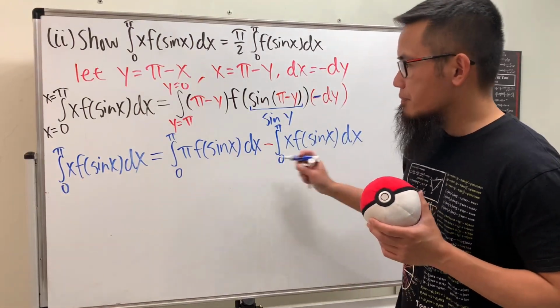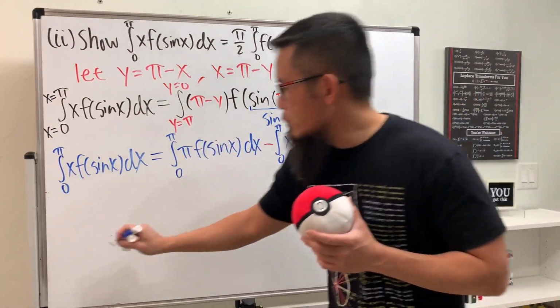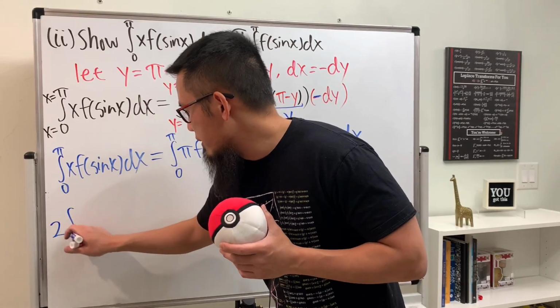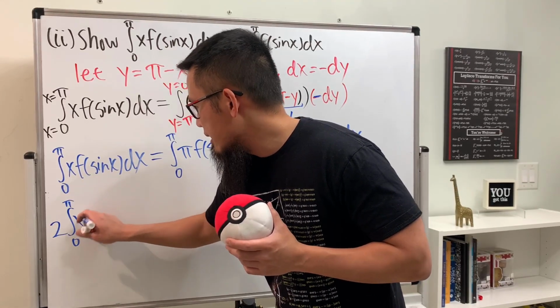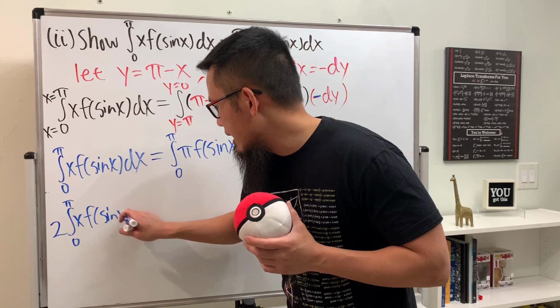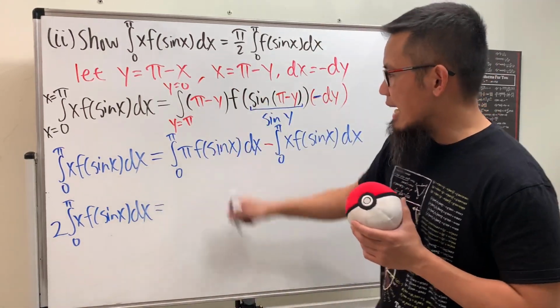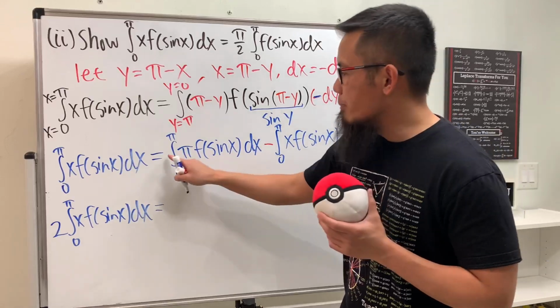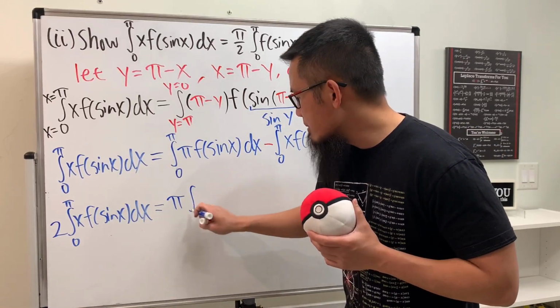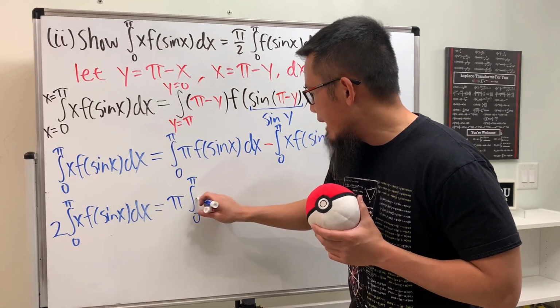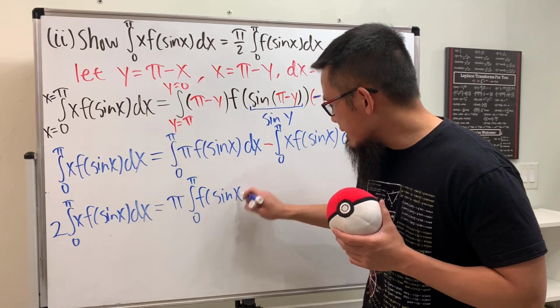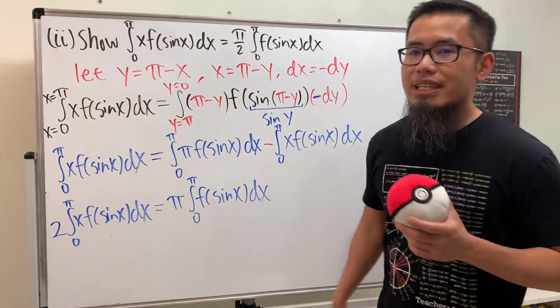So have a look. Add this on both sides, we get 2 of this integral from 0 to pi x f of sine x dx, which is equal to the right hand side, which is that, but we have the constant pi, we can put that in the front. So we have pi times the integral from 0 to pi f of sine x dx.